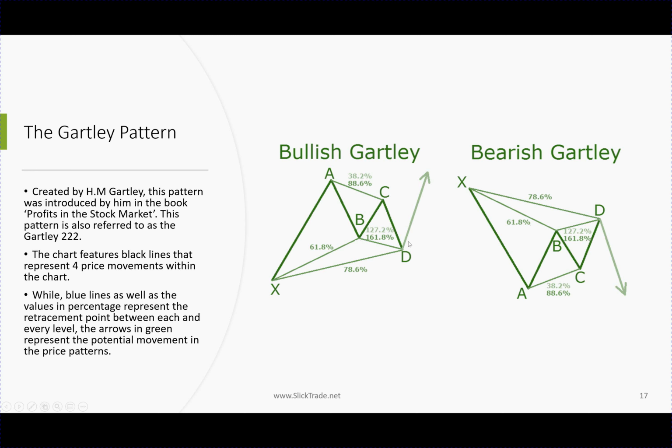So in this one, this is a bullish Gartley. This one is a bearish Gartley. The projected outcome of the bullish Gartley is that price will rise, and the outcome of the bearish is that price will go short.